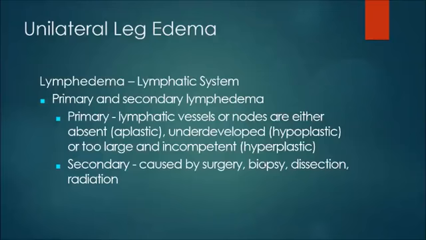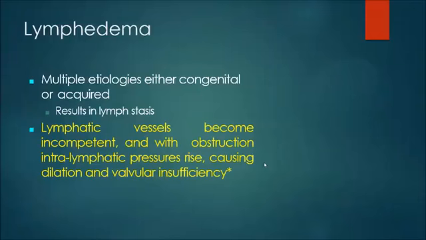Secondary causes are caused by surgery, biopsy, dissection, or radiation. So multiple causes of this, and it can be either congenital or acquired, which results in lymph stasis. Lymphatic vessels become incompetent, and with obstruction, intralymphatic pressures rise, causing dilation and valvular insufficiency.